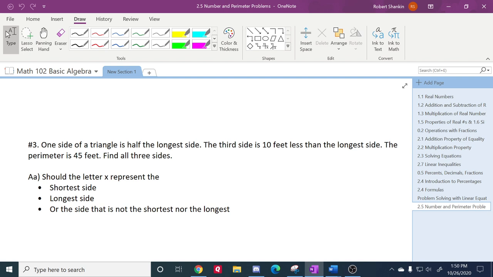Group 4. What kind of responses do you have? Do you have just one response or more than one? Just one response. I'm not entirely sure, but I guess just the shortest side. You're thinking it should be the shortest side.